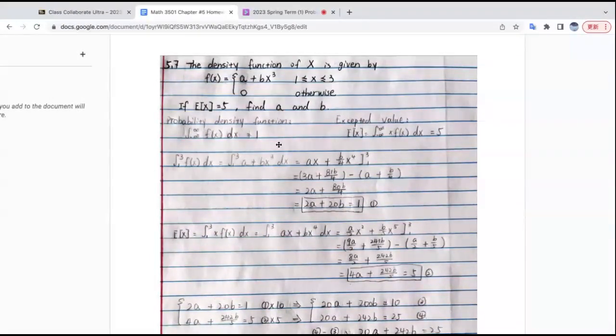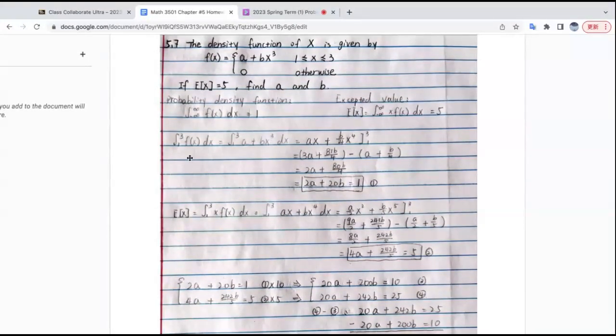In this question, we use two conditions. One is the probability density function, where the integral of f(x) is equal to 1, and the other is the expected value equal to 5.